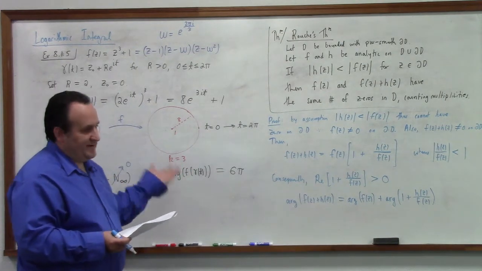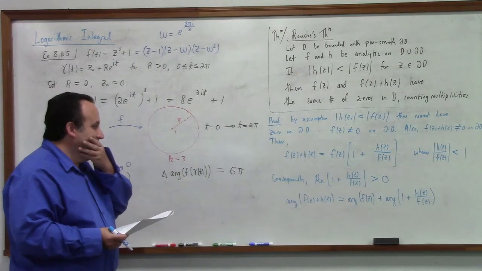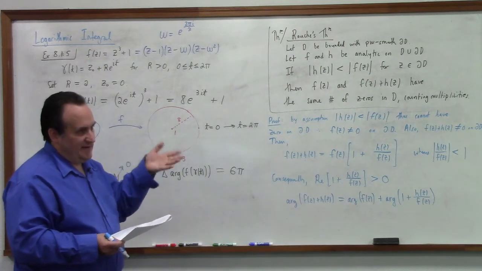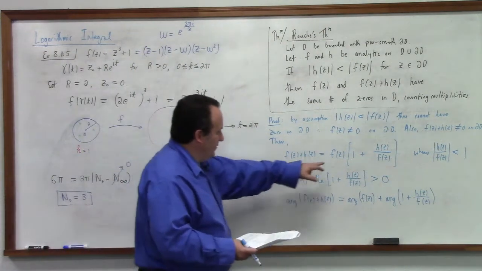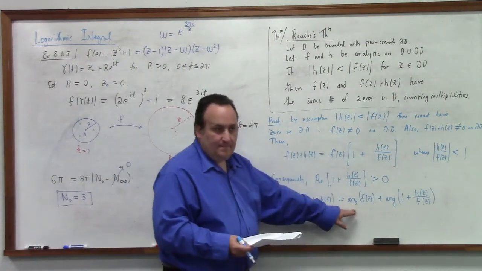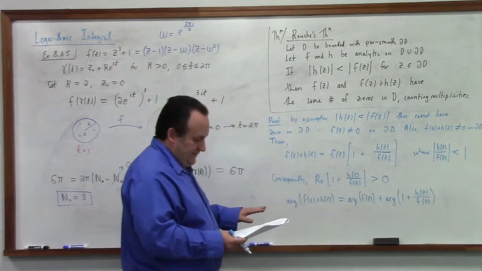You can pick any branch of argument and this becomes an identity, possibly plus like a 2 pi or something. But anyway, the point is this formula right here gives us this.